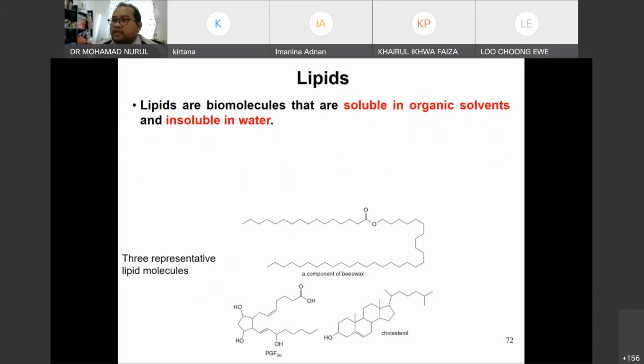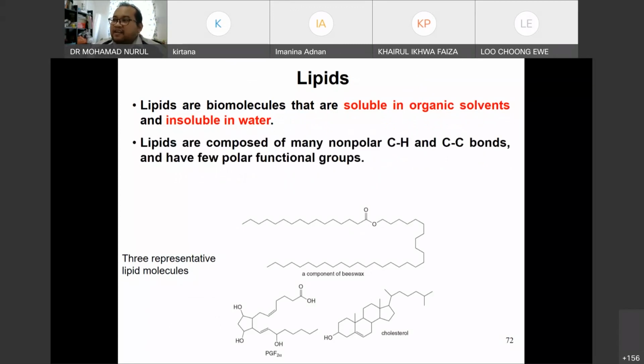For the lipids, anybody who is from biological schools, you are playing around with these biomolecules. Lipids are biomolecules that are soluble in organic solvent and insoluble in water. Why?